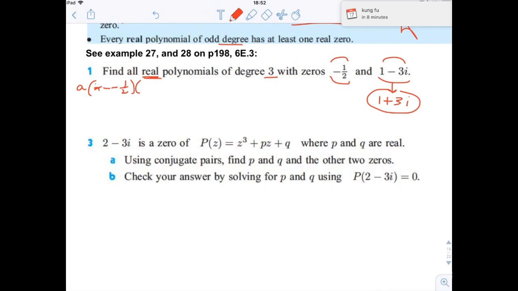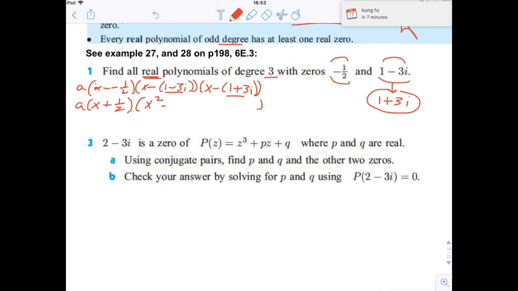And then there's going to be 2 complex linear factors, which are going to be x minus 1 minus 3i and x minus 1 plus 3i, right? Now let's simplify this a little bit. The linear factor is going to be x plus 1/2, the real one. And then here, we're going to multiply those two together, right?